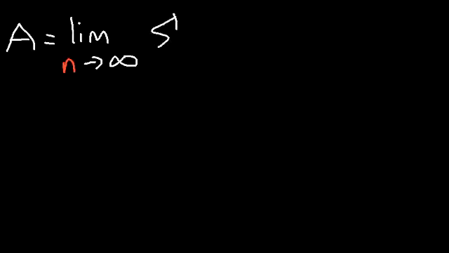So the area is equal to the limit as n approaches infinity of the sum of the area of each rectangle. So that's going to be the sum of f of c_i. f of c_i is the height of the rectangle times delta x, which is the width of the rectangle.